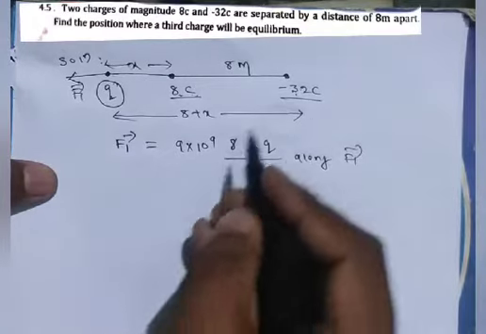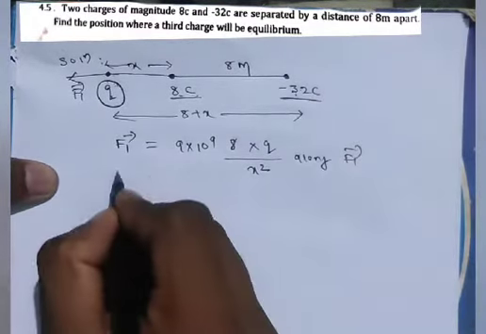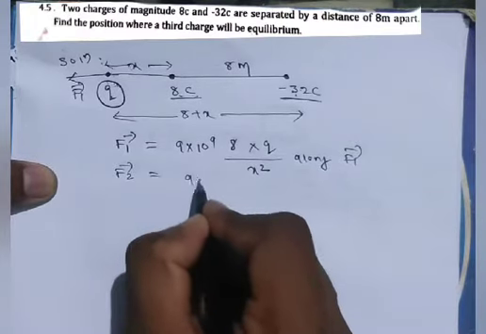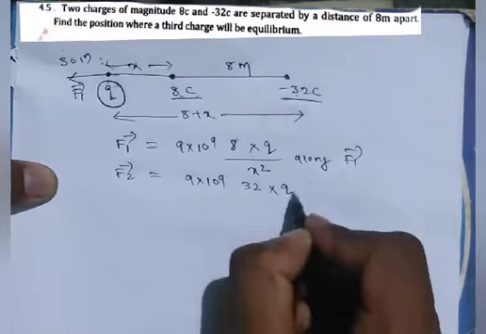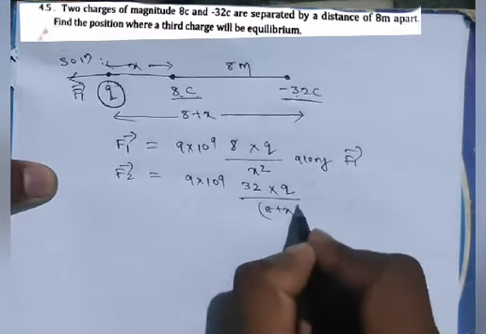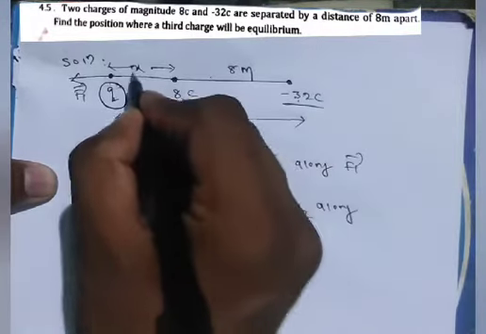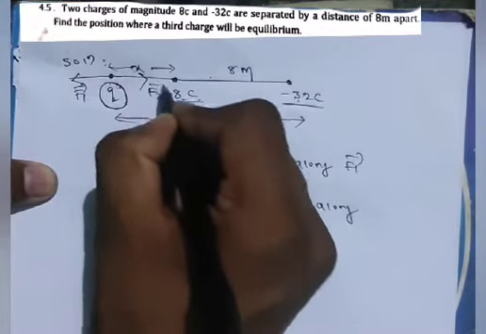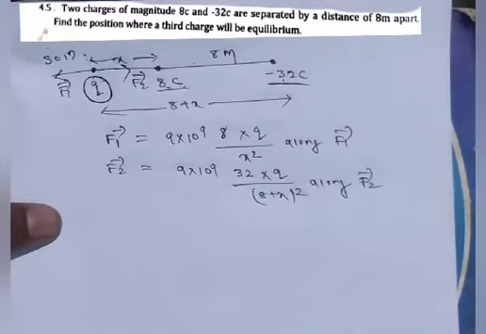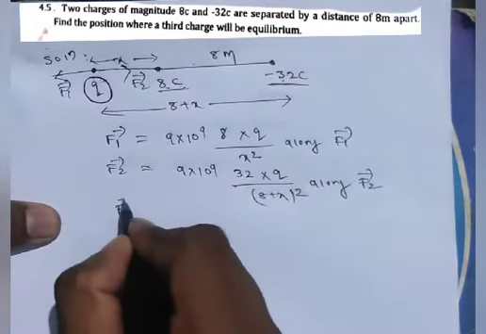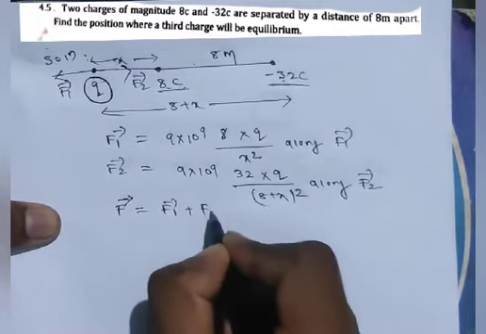Now I shall calculate the force on q due to the minus 32 coulomb, that will be F2, 9 into 10 to the power 9, q1 is 32 and q2 is q, and distance is (8 plus x) whole square, and that will be directed towards the minus 32 coulomb, meaning it will be directed along this F2. So now the resultant force on charge q is simply the vector sum of F1 and F2.